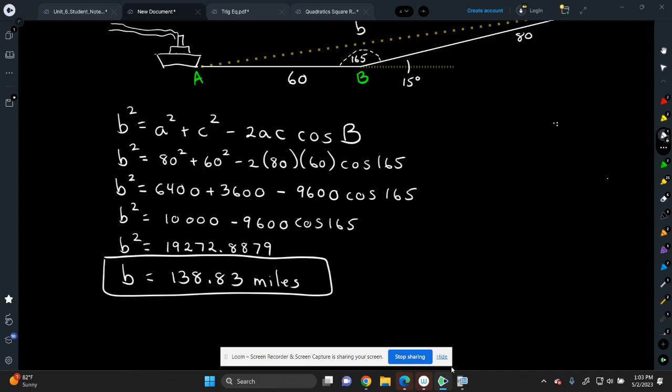Do I have a Law of Cosine worksheet in there? Oh, I have it on paper also.